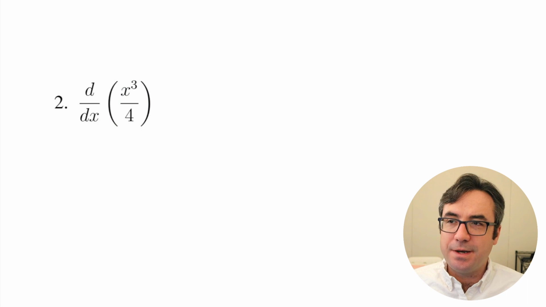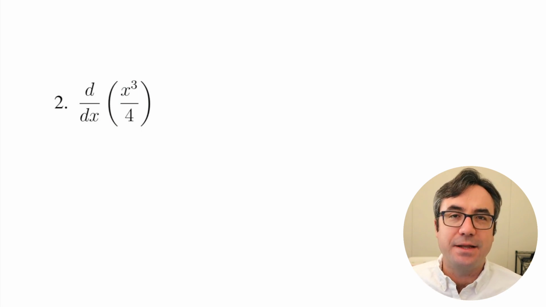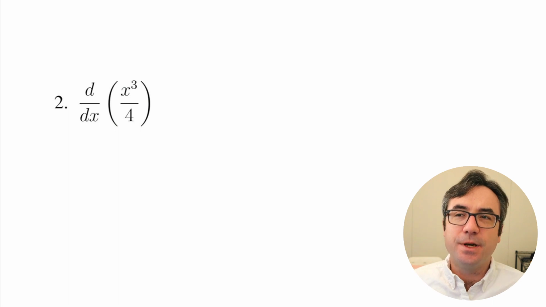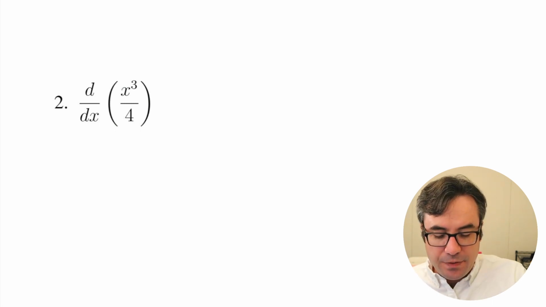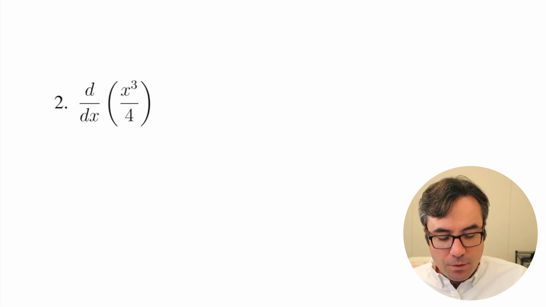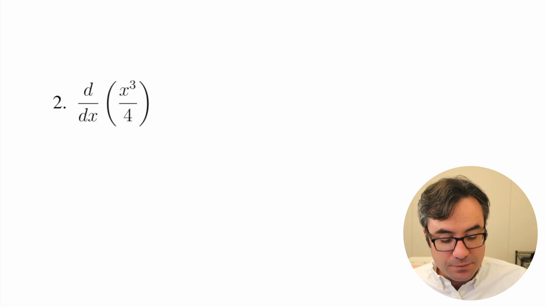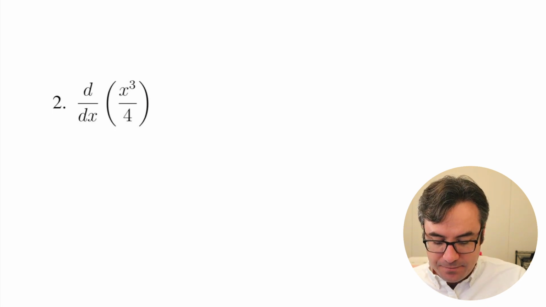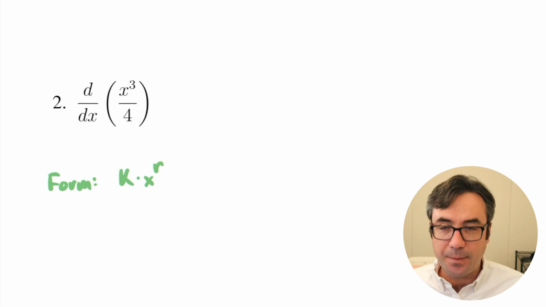Now, for this one, it's not quite written in the correct format. So I'm just going to slightly rewrite the function here. Whenever we're doing these, and whenever we have terms that we're working with, you want to get it into the correct form, which is k times x raised to the power r.